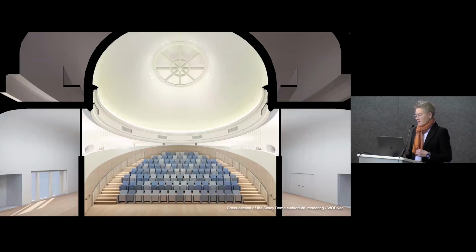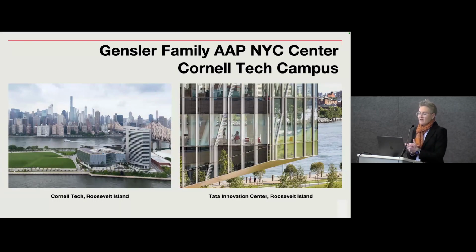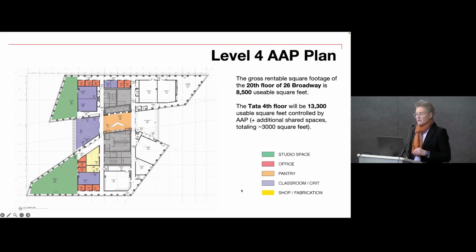And at Cornell Tech, we just brought together all of our NYC-based programs in design tech, architecture, planning, and beyond in a new permanent space on the 4th floor of the Tata Innovation Center, which is where Jose, Harold, and Wendy are sitting now, which is a building by Weissman Freddy. And AAP, which is the Gensler AAP NYC Center, occupies this whole area here, shared with our Cornell Tech colleagues.